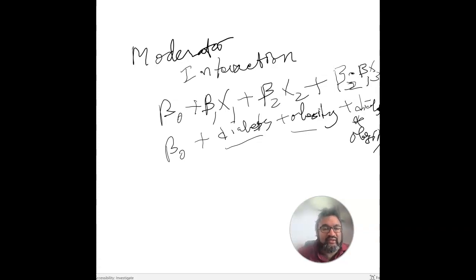Now let's take a look at mediation. Let's erase this. Mediation is slightly different, and I'm going to show the diagram here.